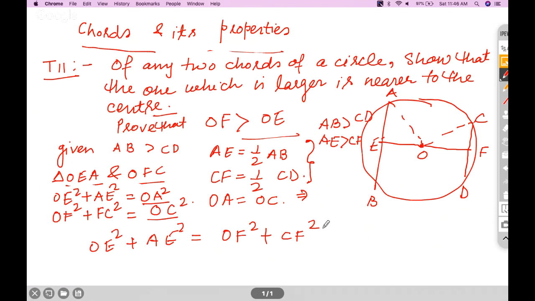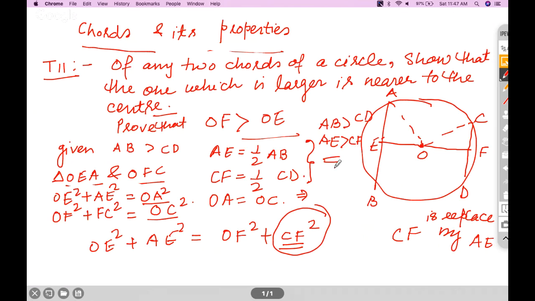Now if I replace CF with AE, CF is lesser than AE. So if I put a bigger number here, then I'll have to put a greater sign here.